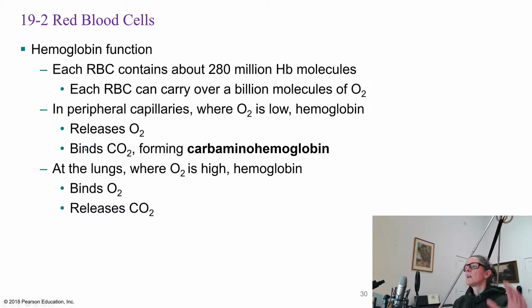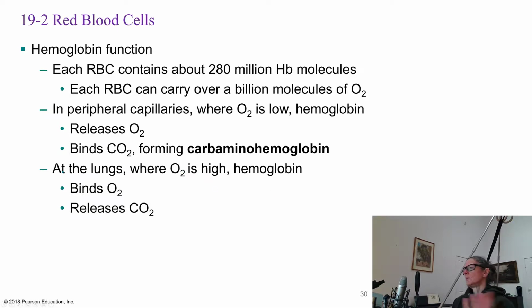But when carbon dioxide does bind to hemoglobin, we will find that it does not bind to the heme group. Instead, it binds the amino termini of the hemoglobin. Hence, we get something called carbaminohemoglobin. And we'll see this is one way of 3 that carbon dioxide is transported.